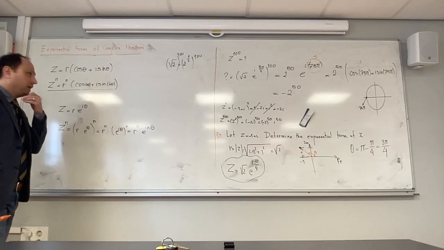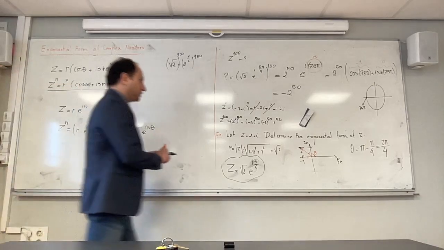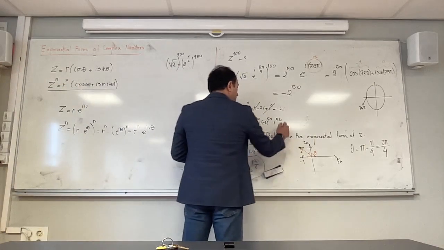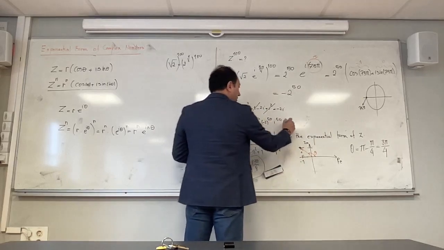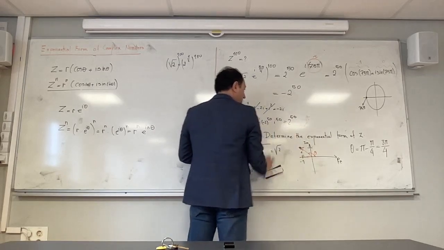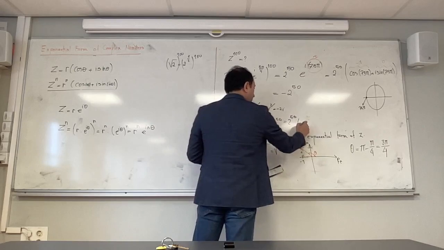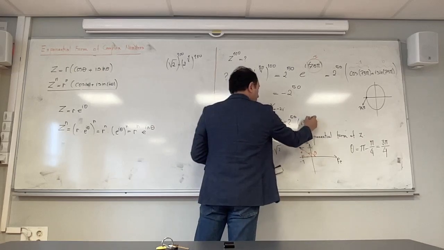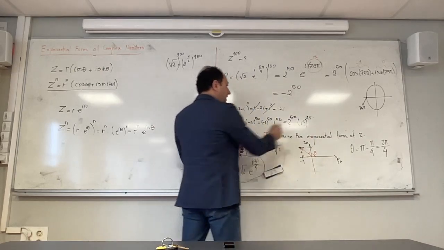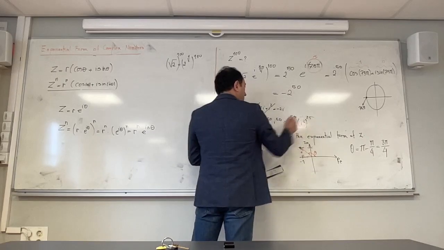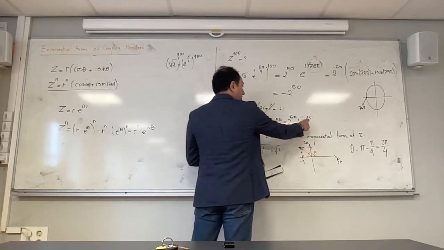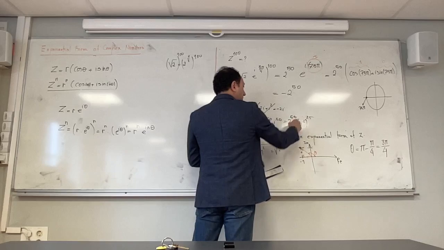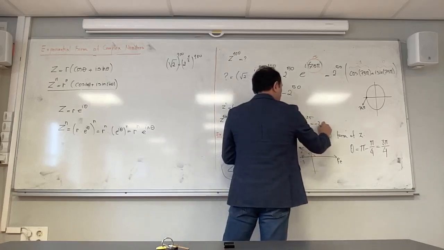Is it -1? Yes, it is. It's -1. Yeah, it's working. Because -2 to power 50 becomes +2 to power 50. But i to the power of 50, I can write it i squared to the power of 25. But i squared is what? -1. -1 to the power of odd becomes -1. Multiply this one, I go back to negative again.